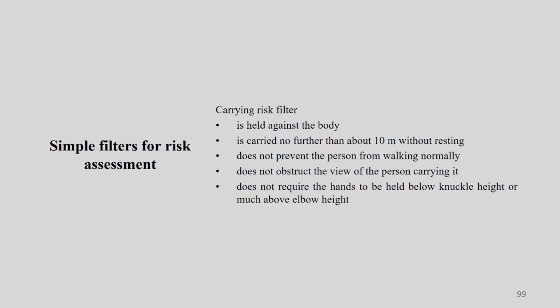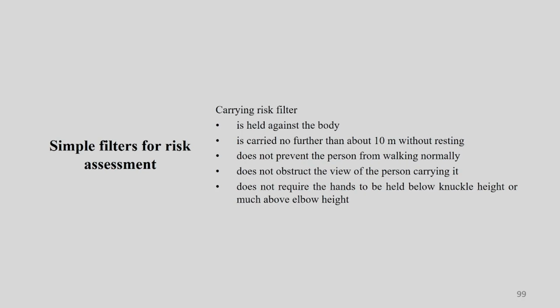Does it not obstruct the view of the person carrying it? The load height should not be more than your eye height, so that you are able to look ahead and see the path. It should also not require the hands to be held below the knuckle height or much above the elbow height.